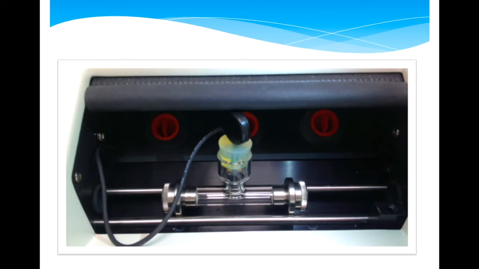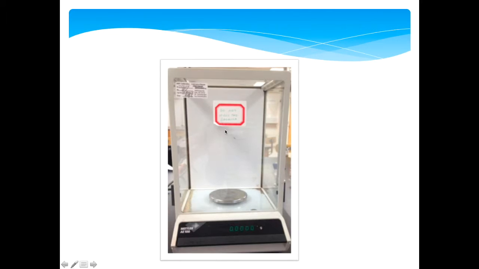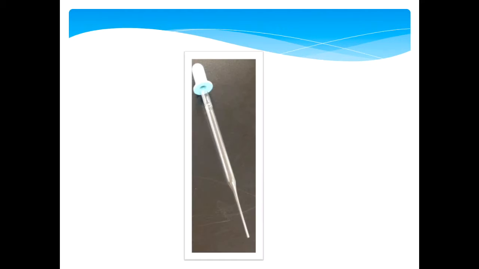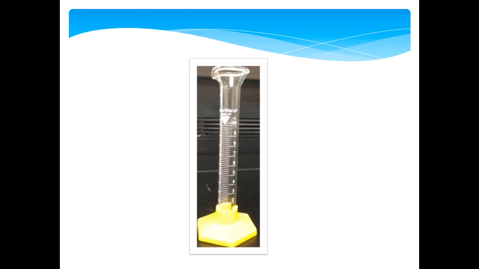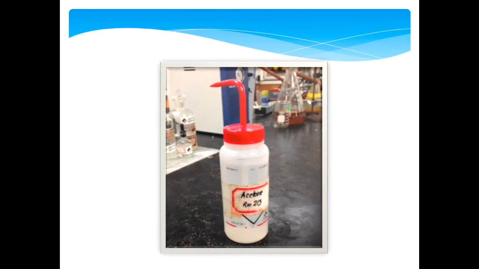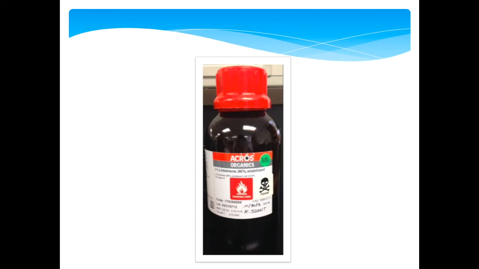The inside of the chamber looks like this, with the cell and temperature probe, analytical balance, two beakers, Pasteur pipette, a 10 milliliter graduated cylinder, gloves, HPLC grade acetone, wash bottle acetone, and limonene.